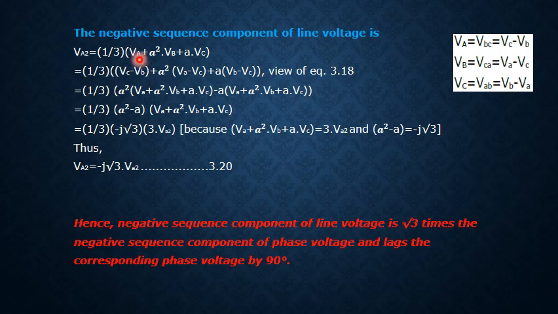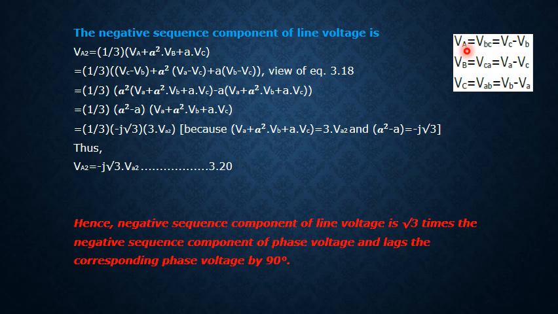Wherever capital subscripts are written, they represent line voltage, and wherever small subscripts are written, they represent phase voltage. Keep that in mind. So the line voltage VA, in terms of phase voltage, is equal to Vc minus Vb.